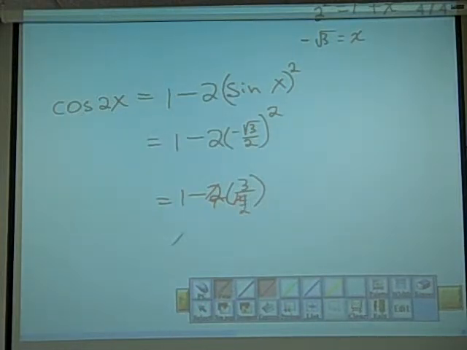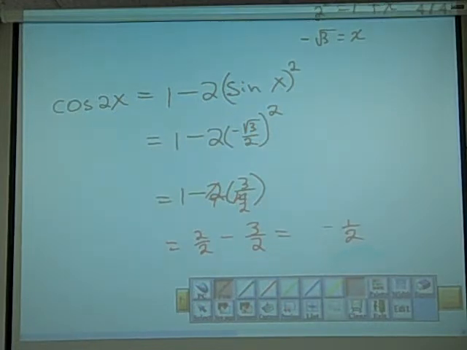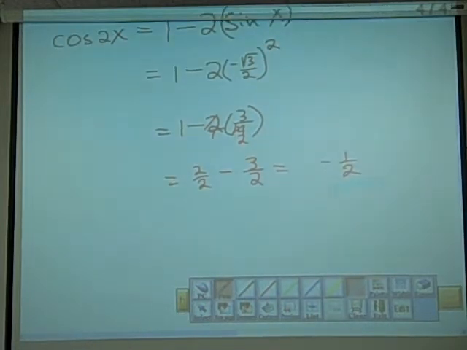So we've got 1 minus 3 over 2. So we can change that 1 to 2 over 2. And that gives us a negative 1/2 for our answer. Okay, so that's cosine 2x.